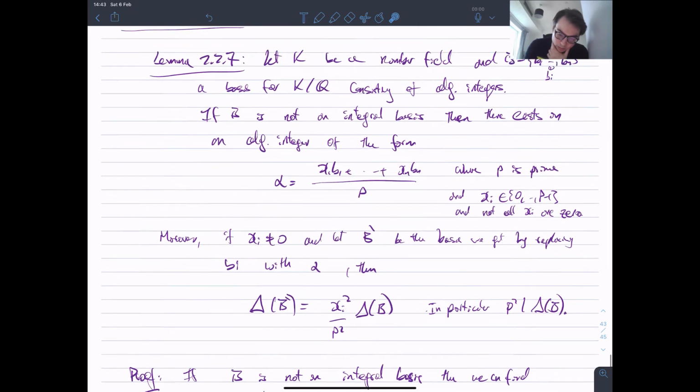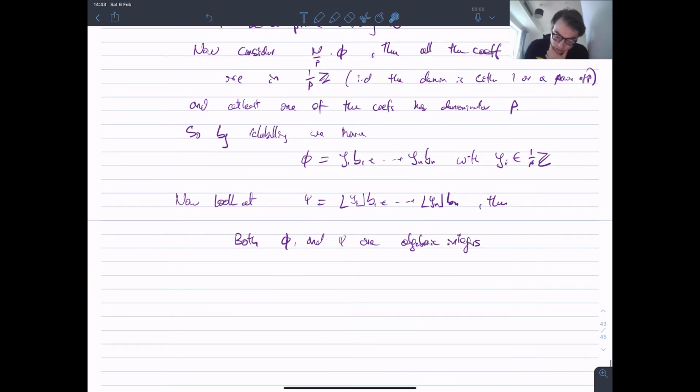So we have a basis bi's consisting of algebraic integers. So these two things are algebraic integers, and therefore, because you have a ring of algebraic integers, their difference is also an algebraic integer. Therefore, so is theta, which I'm going to call phi minus psi.